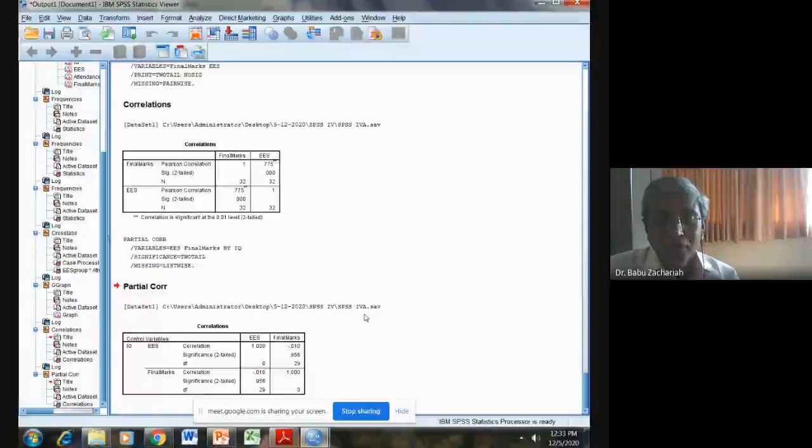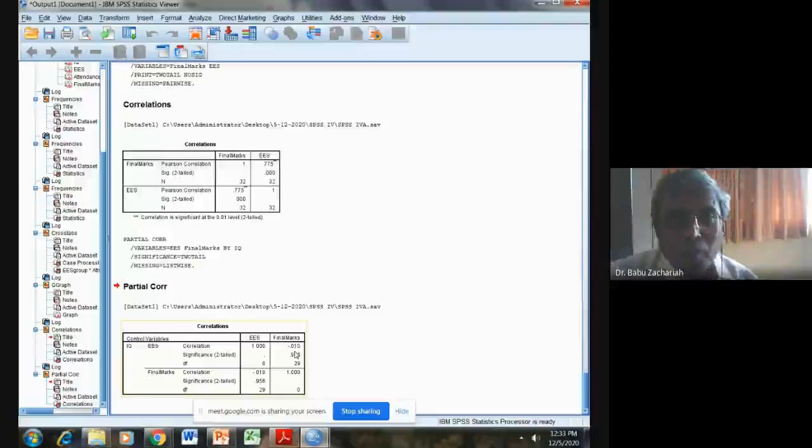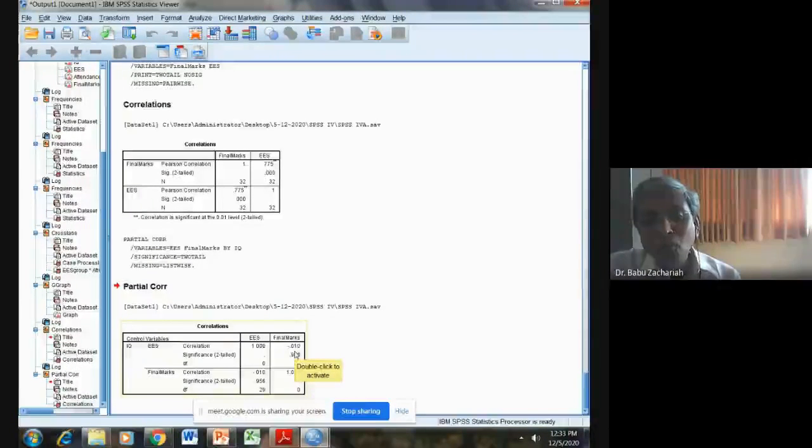Now the new box has come. The correlation between EES and final marks is minus 0.01, as good as 0. Means once the effect of IQ is controlled, there is not much connection between entrance exam score and final marks.